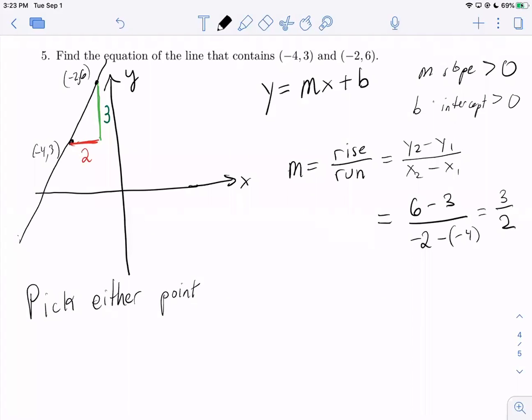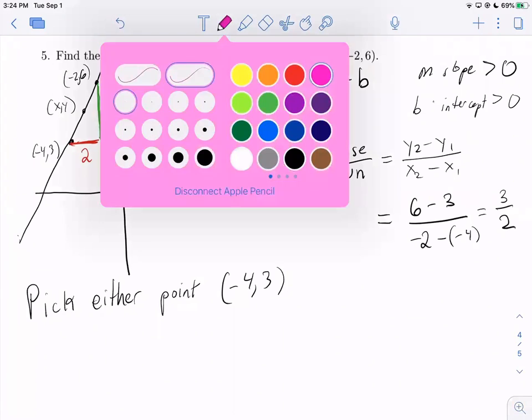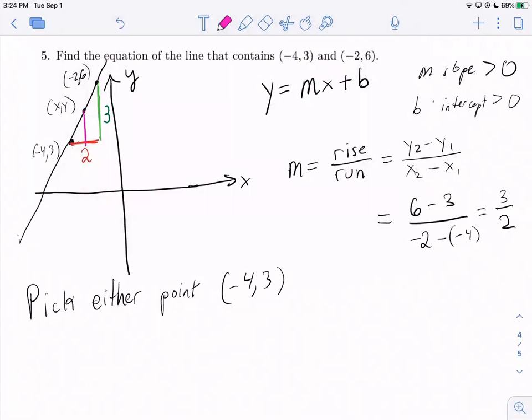The idea with slope, and what makes a line, is that if you have any other random point, x, y, and you were to draw another triangle using x, y and one of your points, let's say -4, 3, and draw in the vertical and horizontal legs, do you see what situation we have here with these 2 triangles?